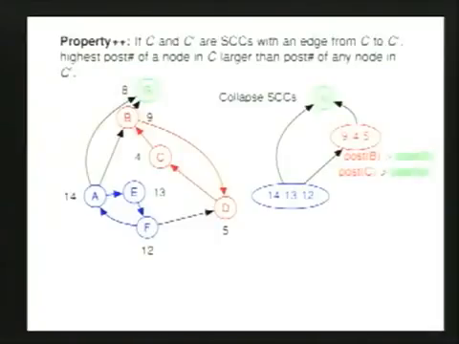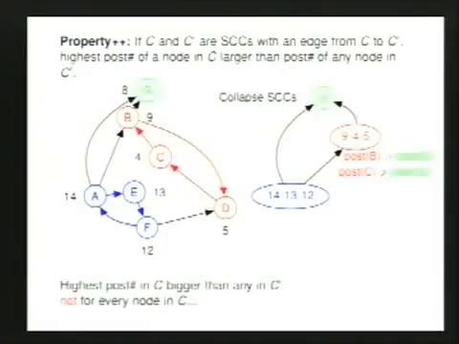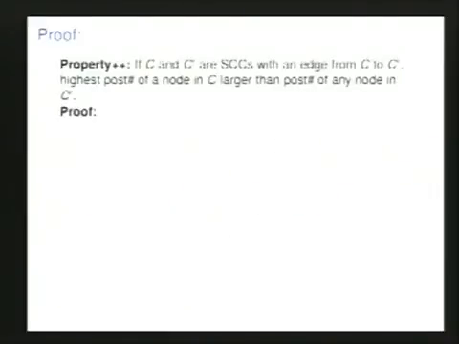It says there is a node in predecessor strongly connected components with a higher post order number than me. So the highest post order number in C is bigger than any post order number in C prime. It does not say every node in C has higher post order number than every node in C prime. That's not what it says. Okay, so let's prove it.